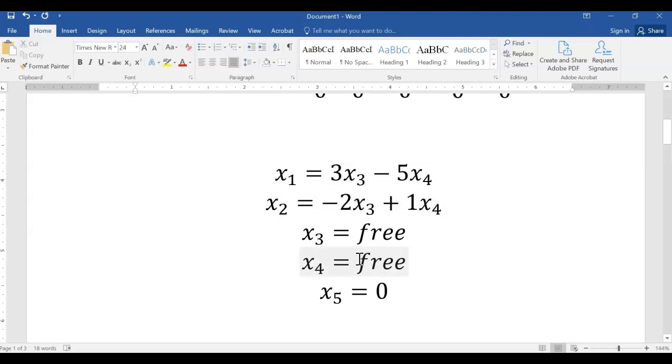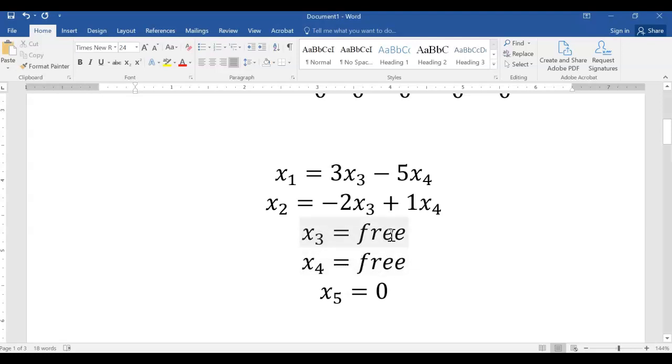Now, remember how to get the parametric solution. We're going to take x3, and we're going to basically ignore all of the x4s here. And so we take x3, we'd write our vector as 3, negative 2, 1, 0, 0. Again, ignoring the x4, this fourth entry becomes 0.